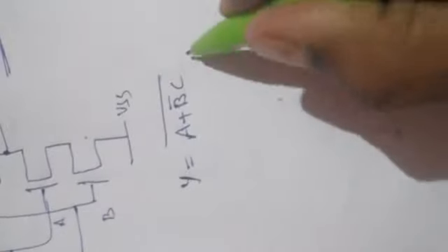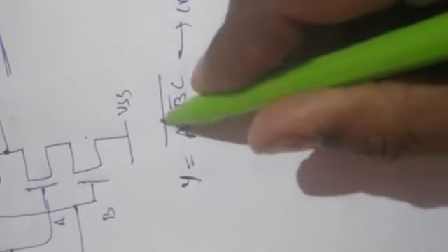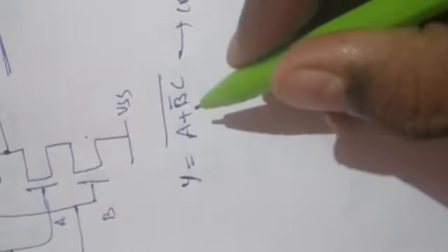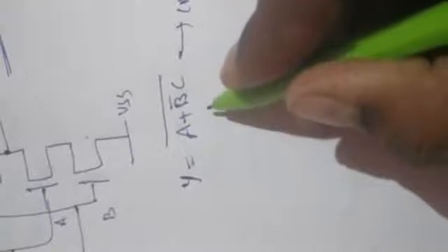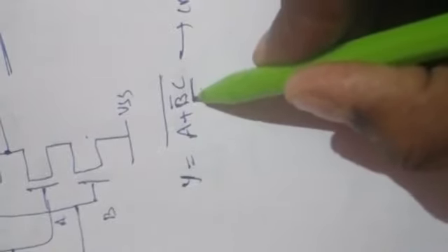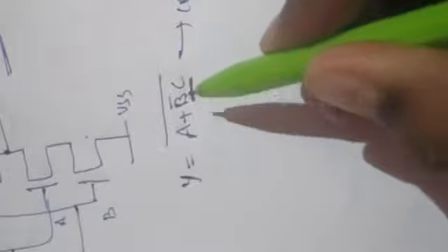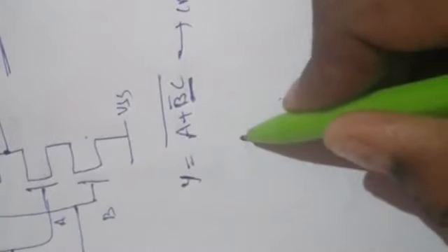We can design this using CMOS. This is one Boolean equation. If the bar is not there, we have to keep two times bar and we can implement, or otherwise we can implement normally. After that, at the output side you can connect an extra NOT gate. First of all, to design this circuit, these two are product terms. In the PMOS, product terms should be parallel connection.